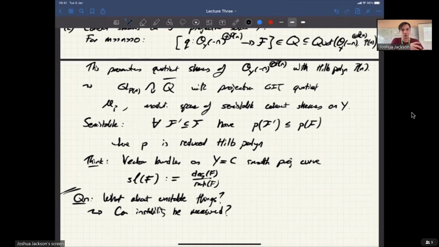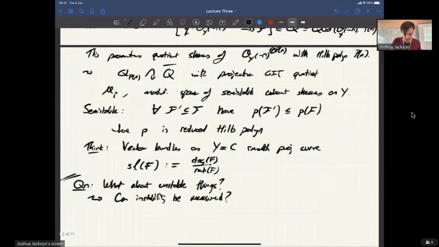I want to talk about this for two reasons. One is that it's an important part of reductive GIT, an important piece of structure that has interesting generalizations. The other reason is that it's a place where you will see non-reductive groups cropping up in nature, even if you start with a reductive problem. So let's get onto that.